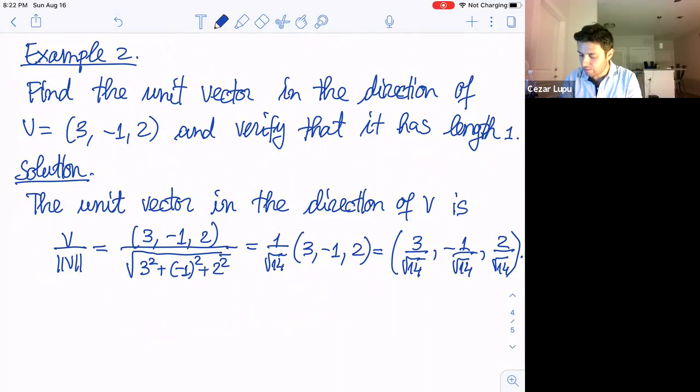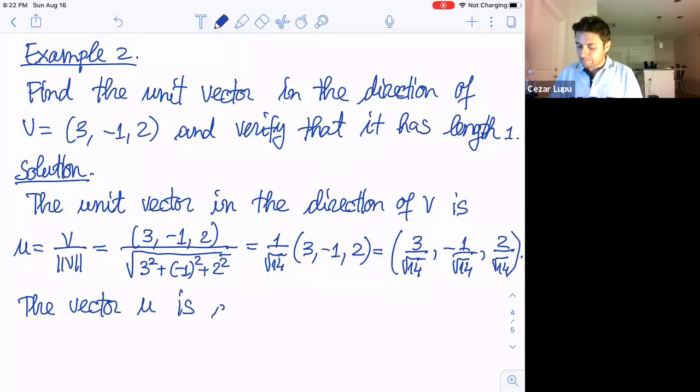Well, is this unit? It's quite clear it is. Let's call this u. The vector u is a unit vector since we have the following.